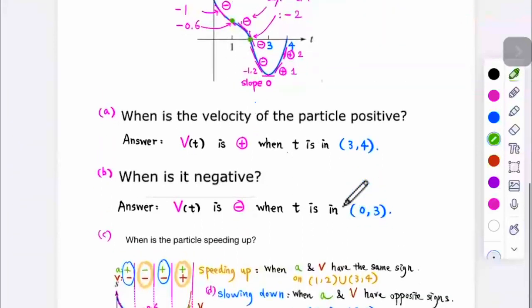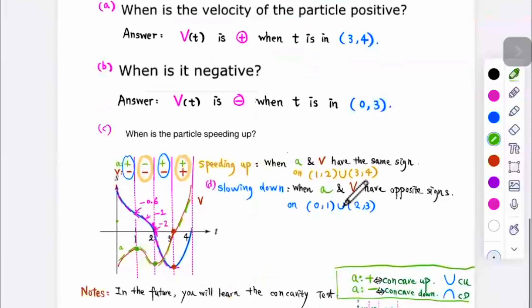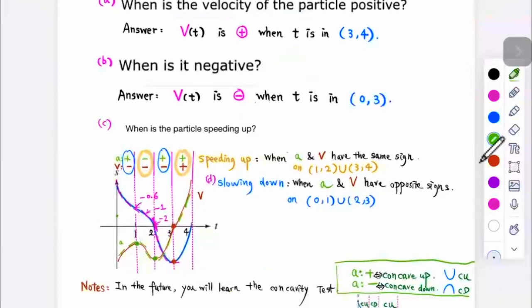For C, it asks when is the particle speeding up. In our lecture, we know that the particle is going to be speeding up when the acceleration and velocity have the same sign.